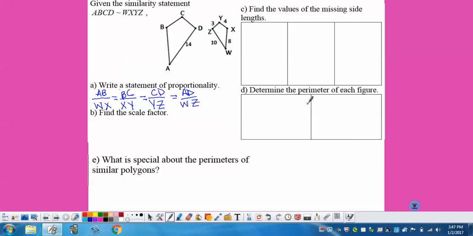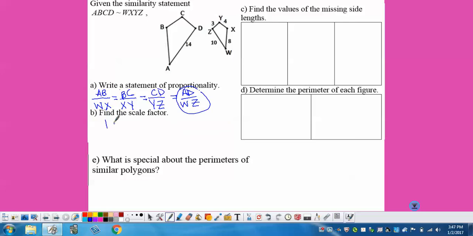So next, if we want to find the scale factor, we have to reduce any of these fractions that we know both numbers for. We don't know AB, BC, or CD, so I'm going to use the one with AD and WZ because I know AD and I know WZ.